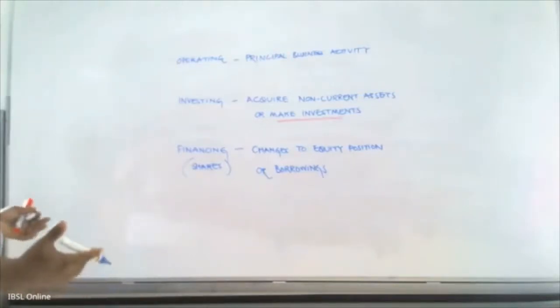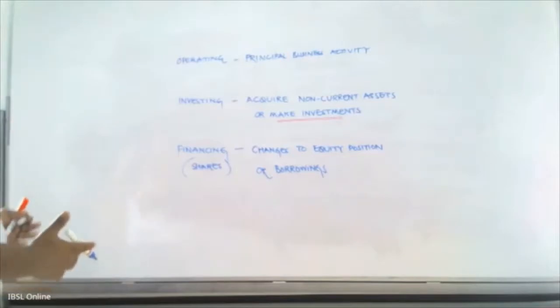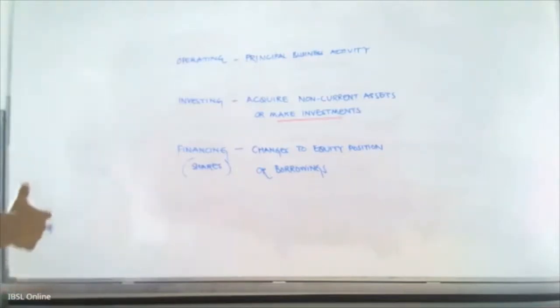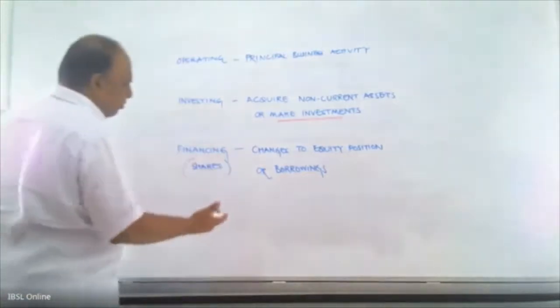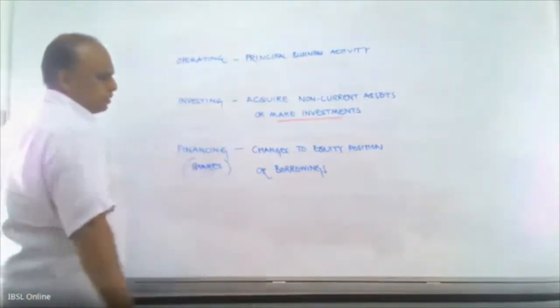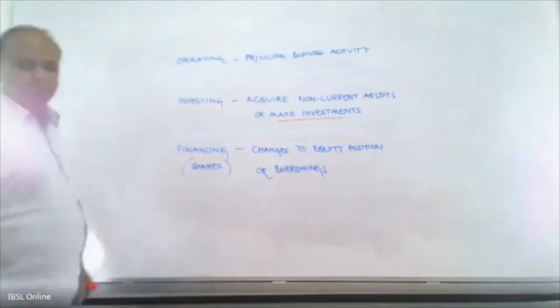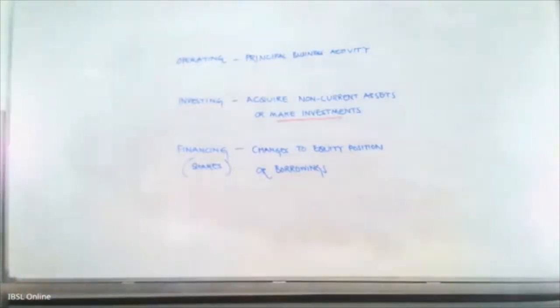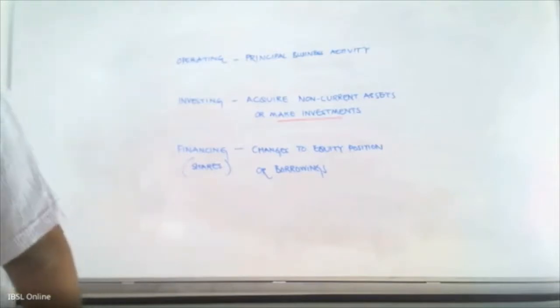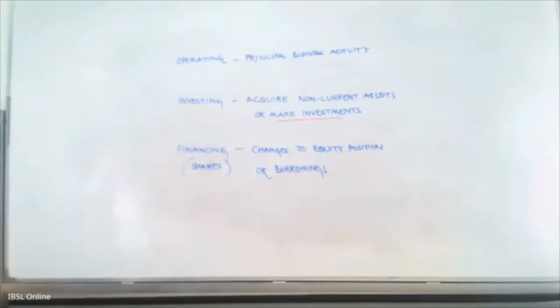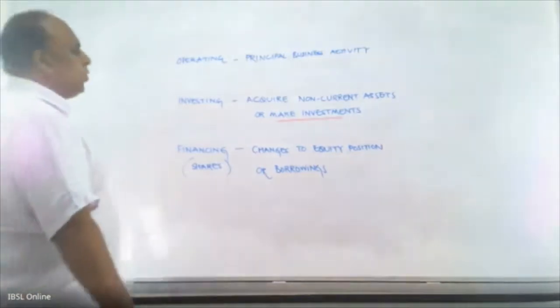Look, my business, I am struggling to improve it, or maybe I am looking at some expansion. Can you give me some capital? Yes, we can give you, and you issue them shares. But issuing shares is a very costly exercise. But the alternative is where you can easily go and borrow.